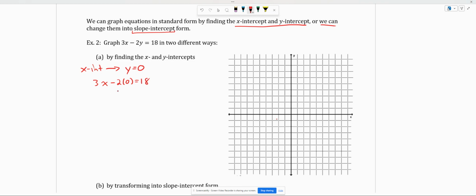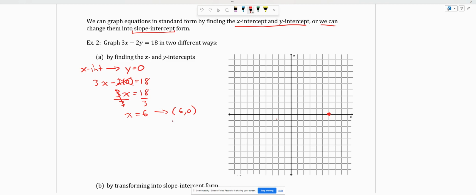Well, that's going to go to 0, so that's gone. So I'm going to be left with just 3x is equal to 18, and divide by 3 on both sides. That's going to give me x is equal to 6. So our x-intercept is at positive 6, which is right here. In other words, when I put in a 6, I get a 0.